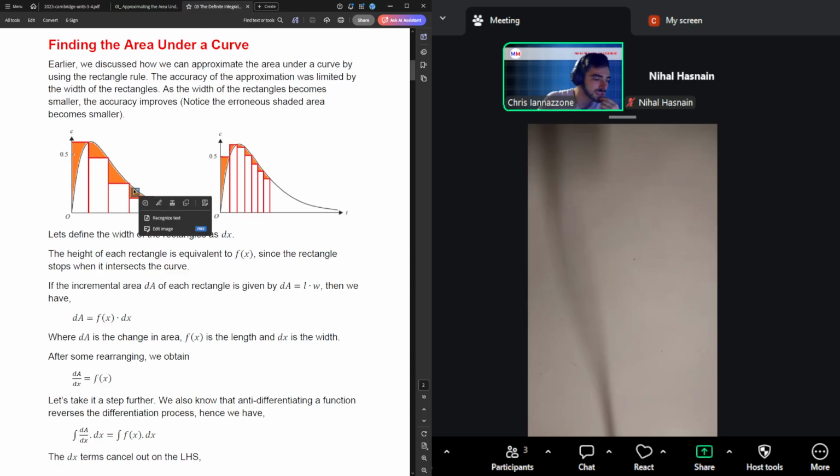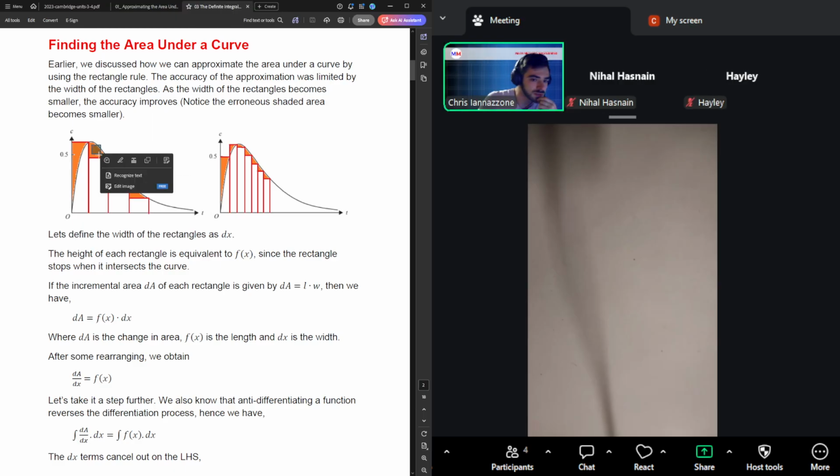Right, so here's underestimated, underestimated, underestimated, overestimated. If you increase the number of rectangles over the same x interval, then what we notice is that the amount of error in there, the area that's missed, is decreased.